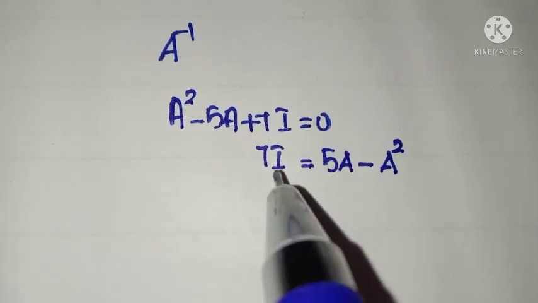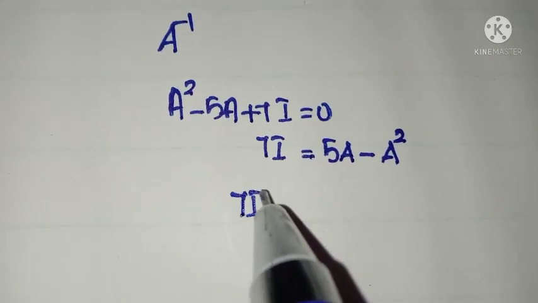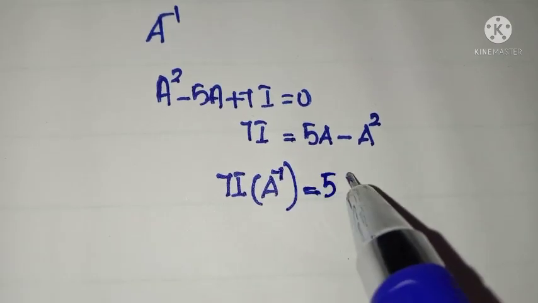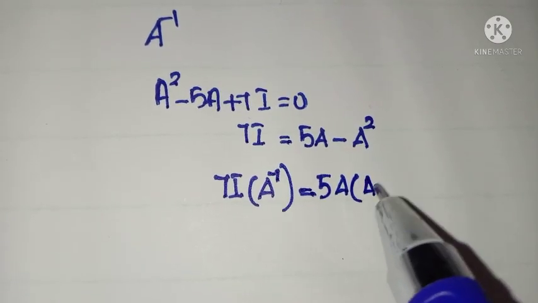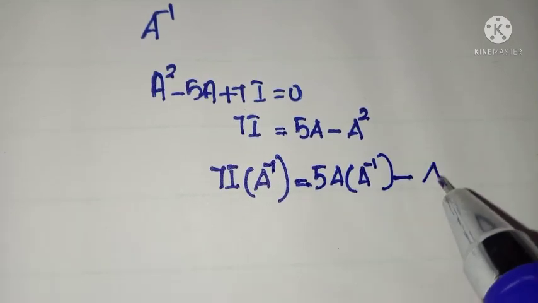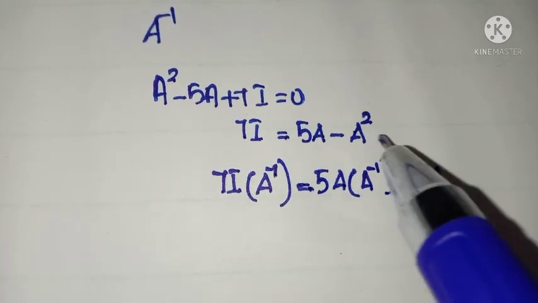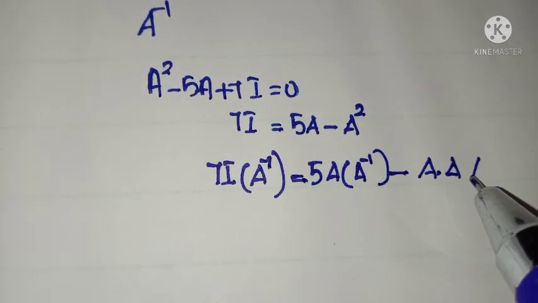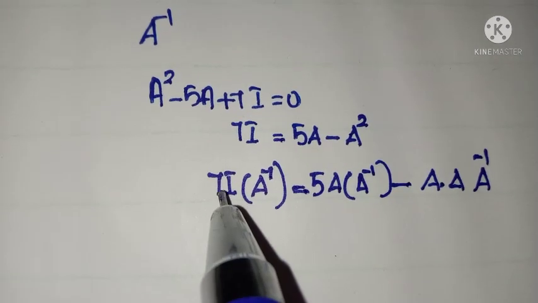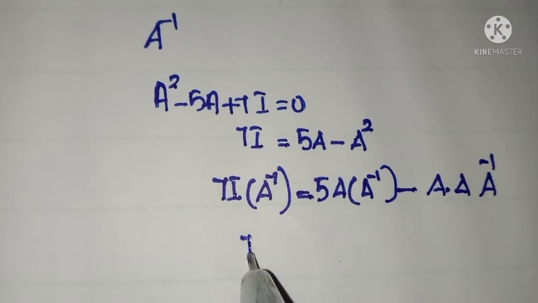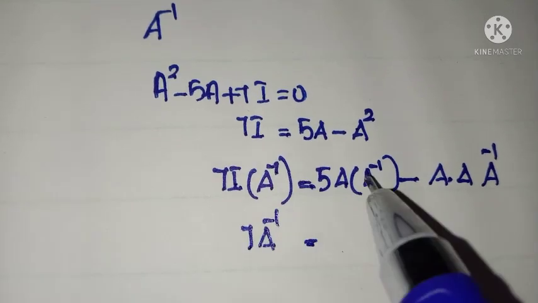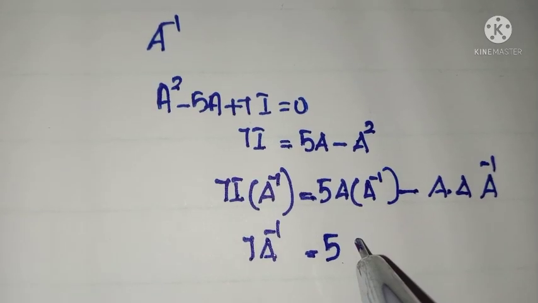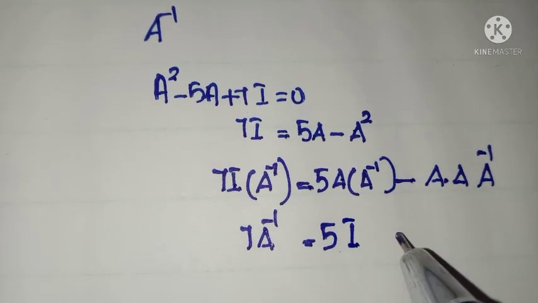So, throughout multiplying by A inverse, we have 7I into A inverse is equal to 5A into A inverse minus A square into A inverse. Actually, A square is A into A, into A inverse. Now, I into A inverse gives A inverse. A into A inverse gives the identity matrix I.